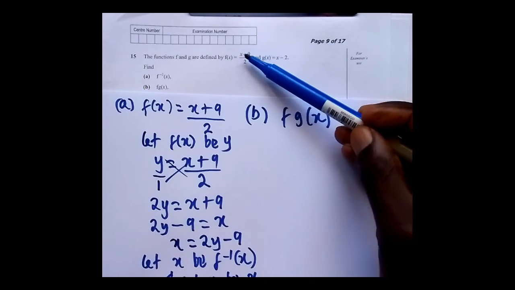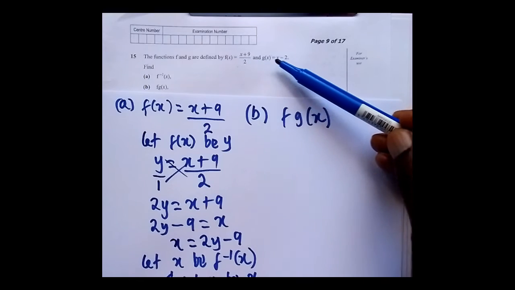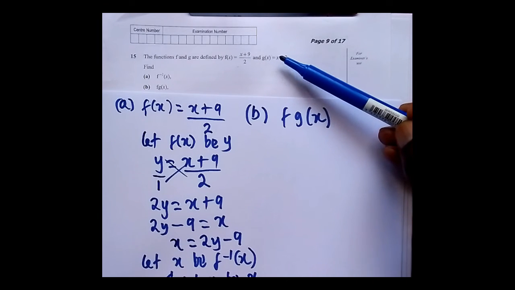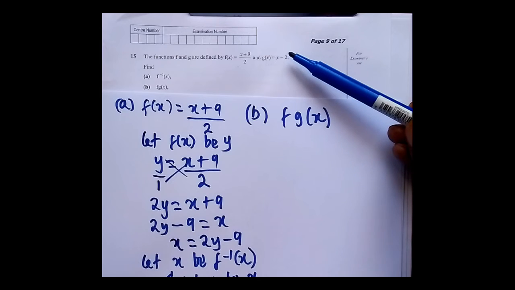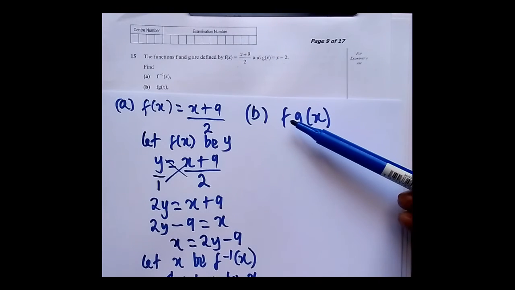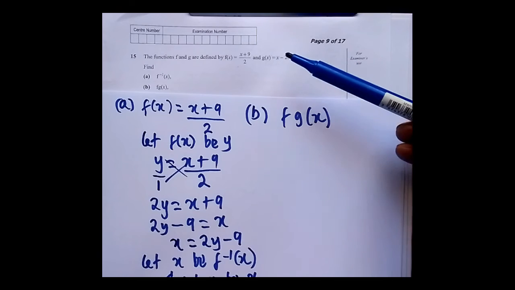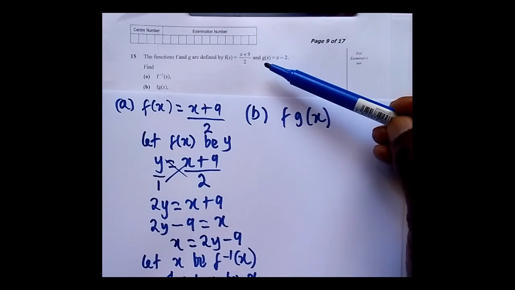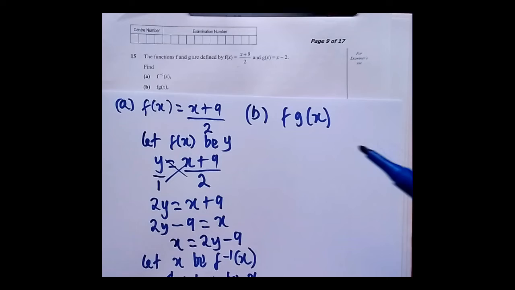So where there's x in the function f of x, we're going to put what g of x represents. g of x represents x minus 2. So x minus 2 will be substituted on x. So fg of x is just a substitution of the function g of x into the function f of x.